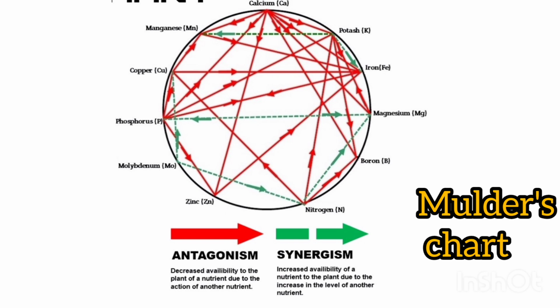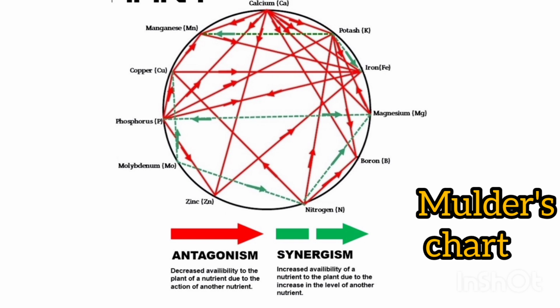Some interactions are positive, synergistic, and others are negative, antagonistic. A synergistic relationship is one where the elements involved help each other by aiding uptake or utilization. In contrast, an antagonistic relationship means the elements hinder each other's uptake or utilization.